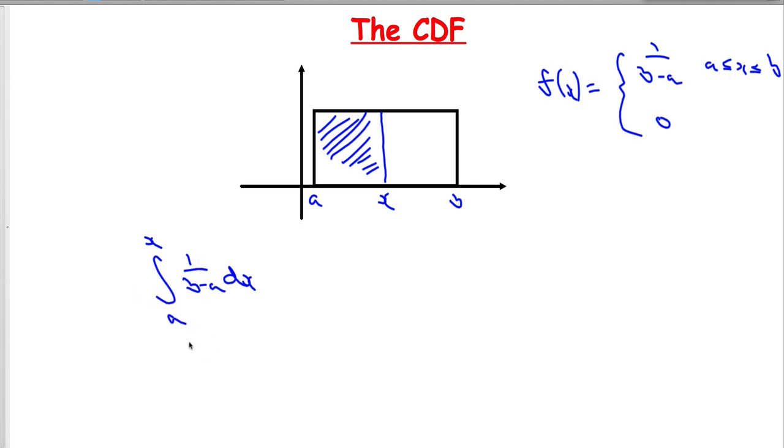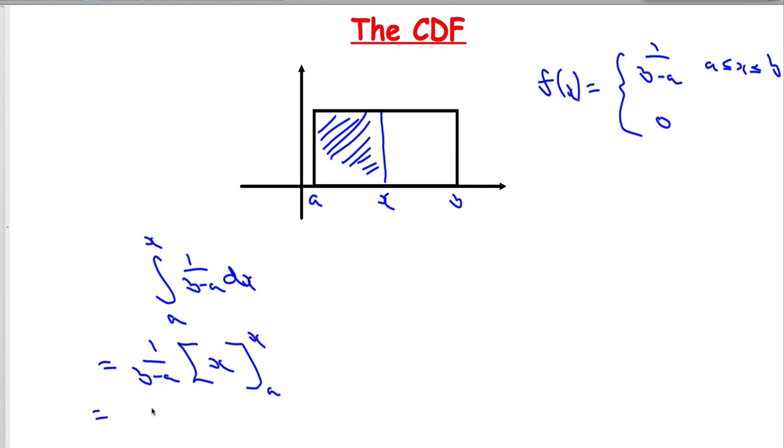So, 1 over b minus a can be factored out. I get 1 over b minus a, and the integral of dx is x, evaluated between a and x.